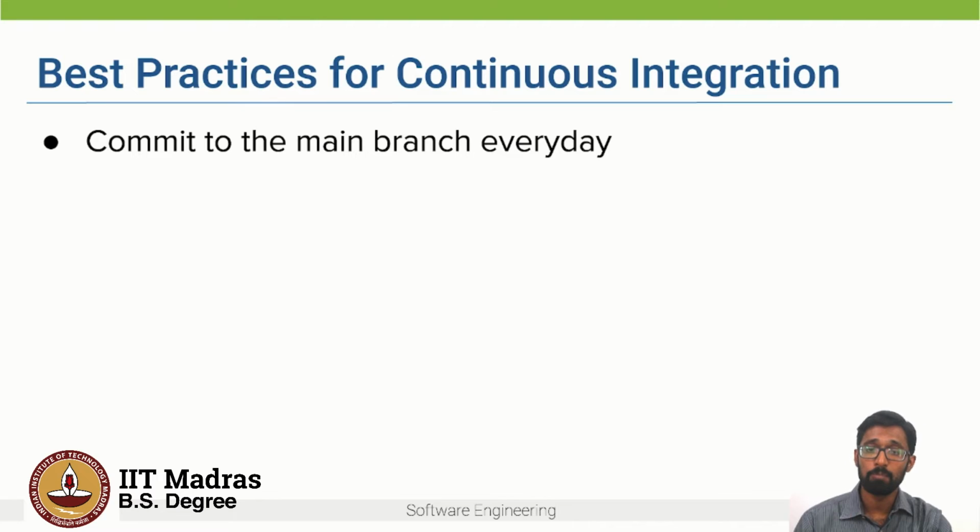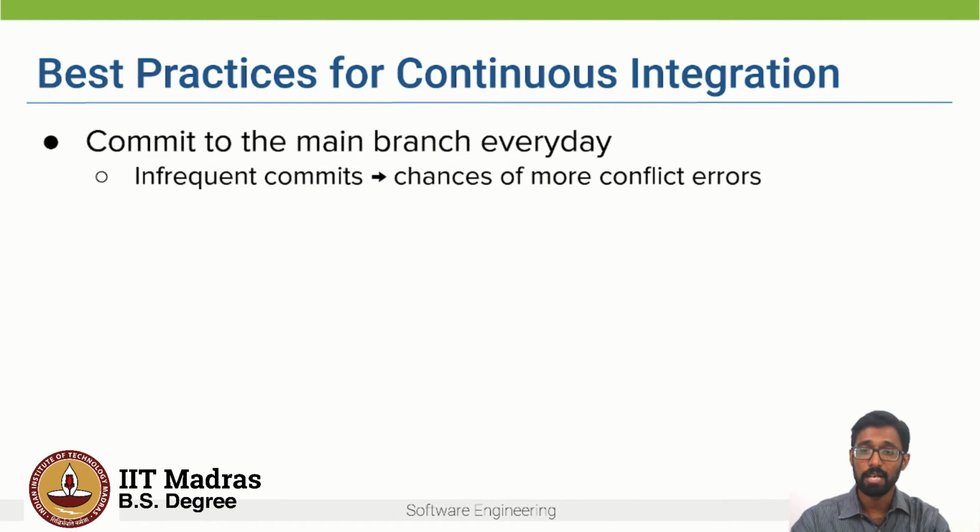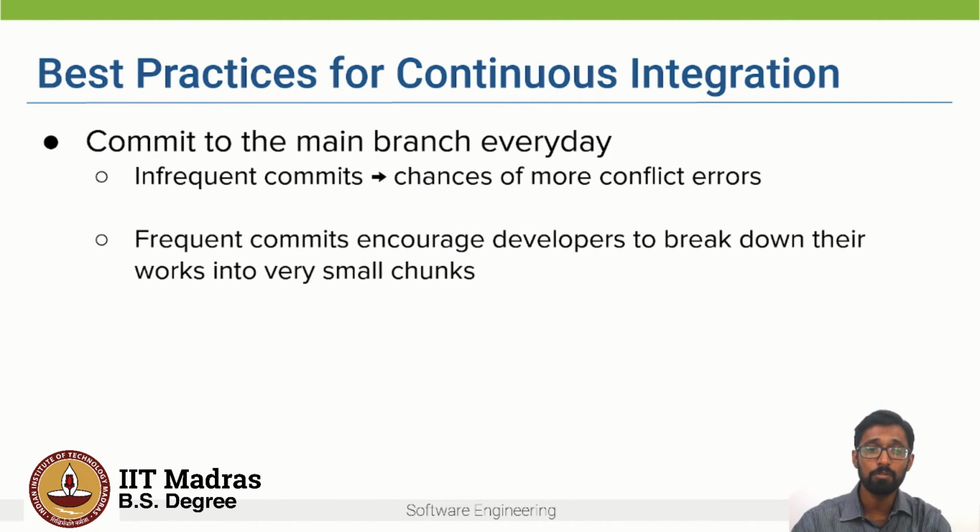Now, the problem is if you don't commit frequently, there are chances of more conflict errors. And hence frequent commits encourage developers to break down their work into very small chunks. So this is the reason why it is essential that you commit to the main branch every day.